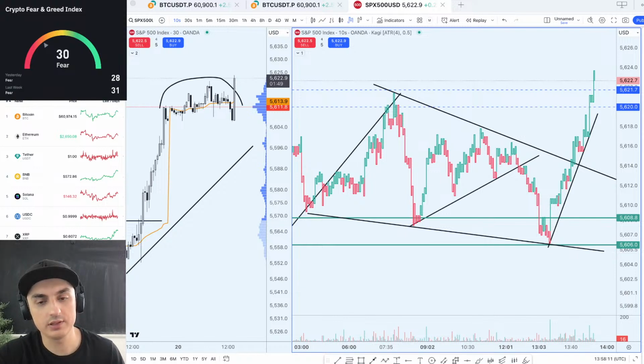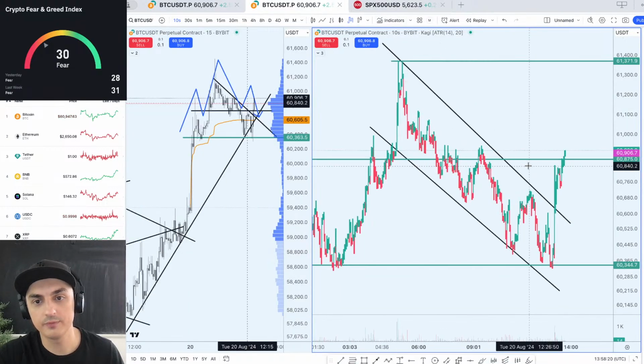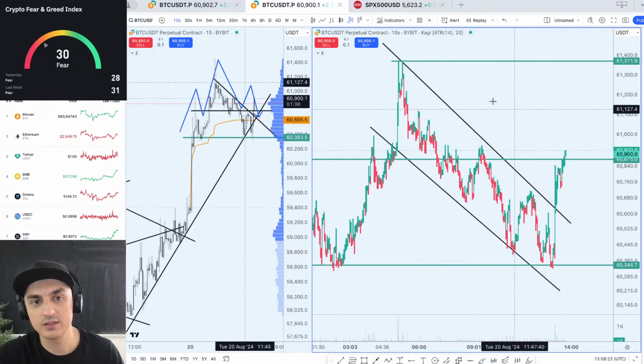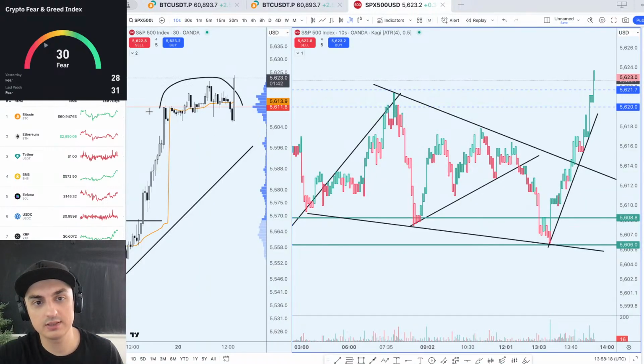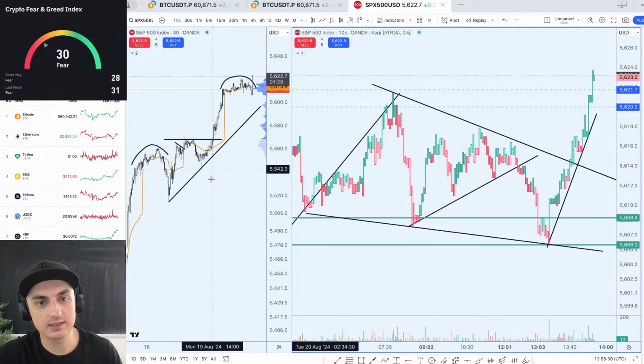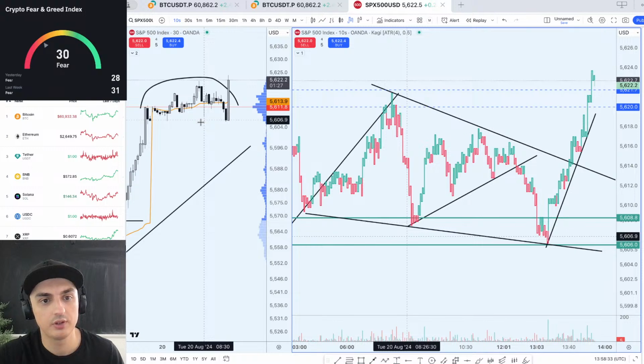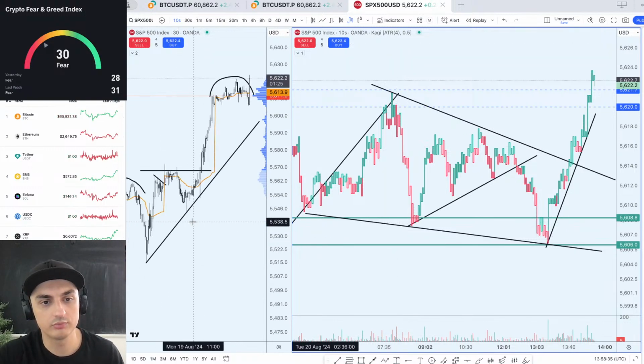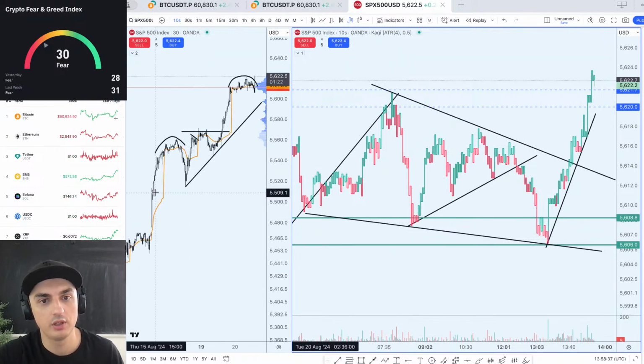So I got myself in shorts from the S&P from yesterday's range. We got this type of shape that I really like to short, but it didn't work out.